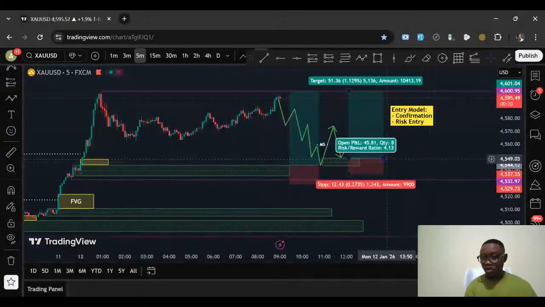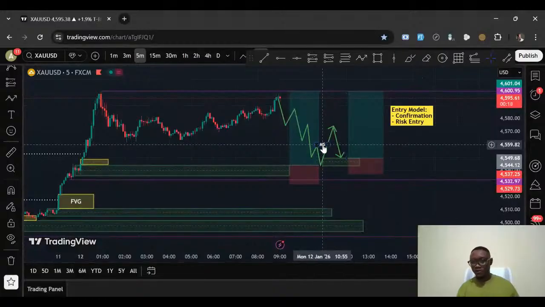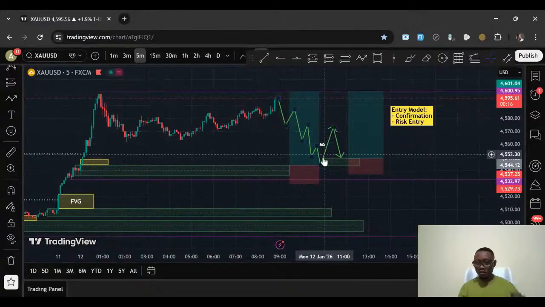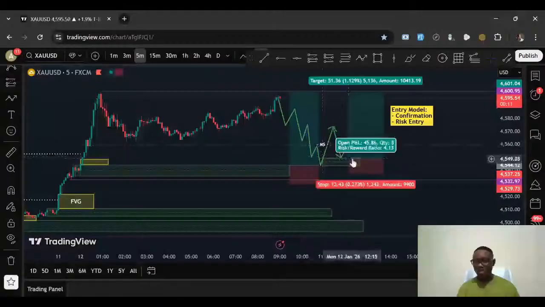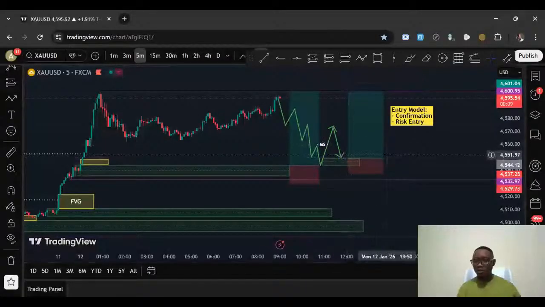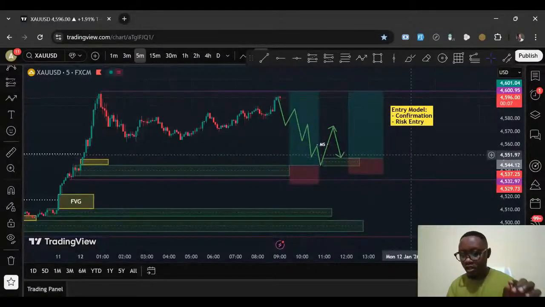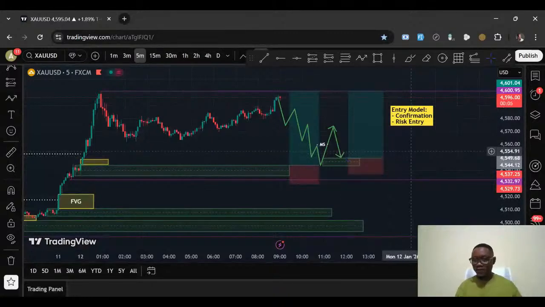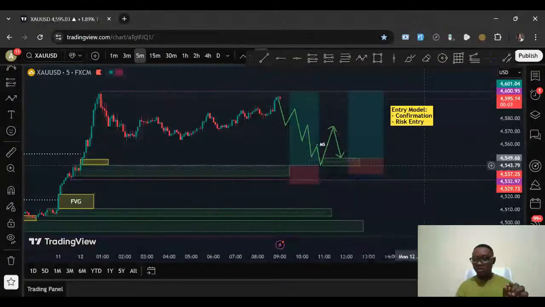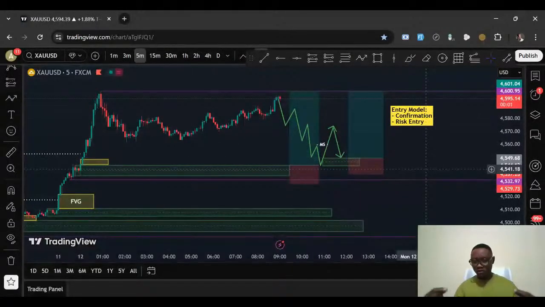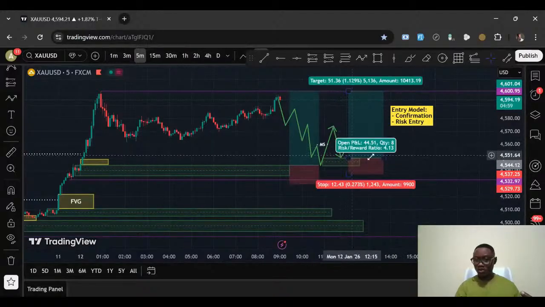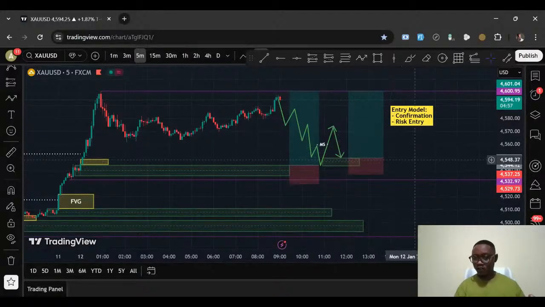This is confirmation entry. You wait for that market shift first, then mark out the zone that leads to the shift, wait for price to retest the zone on the formation of a bullish candle in this case, or when you get some reaction. Of course, you study price action around the zone before you take your entry.